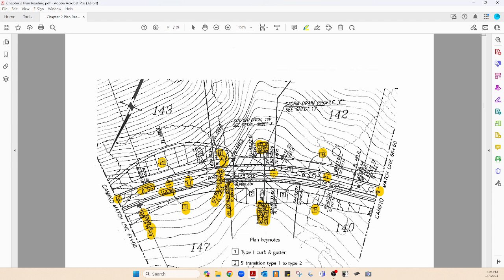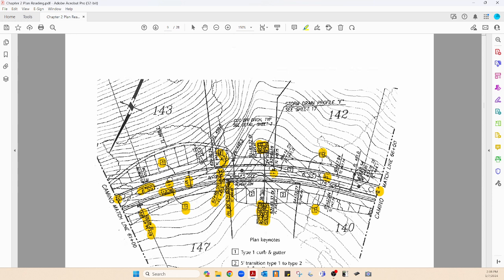Okay. What are these stations? 65+63.54. So we can find 65+63.54, and it's going to be in here. I think I got it right there.